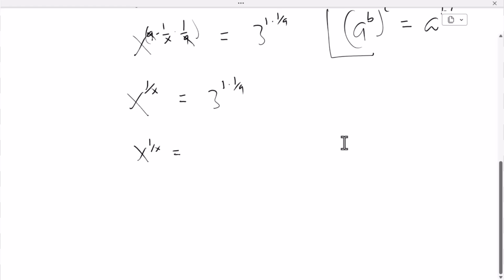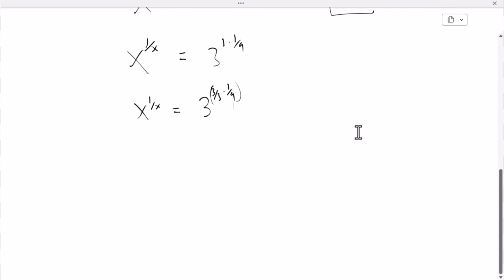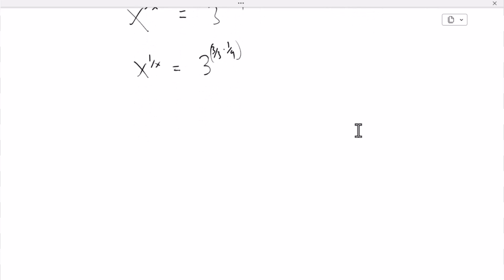Now to do that, I can say that this is 3 raised to the power 3 on 3 multiplying 1 on 9. Now 3 on 3 over here is just 1, which obviously doesn't change anything. So when we continue, we see that we have x to the power 1 on x is equal to 3 to the power 3 multiplying 1 on 27.